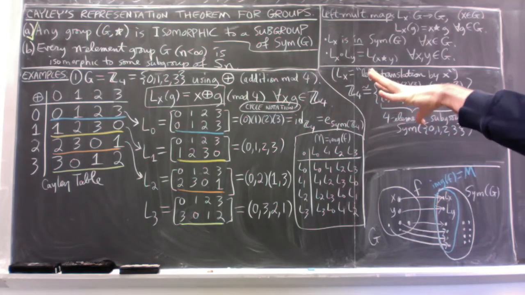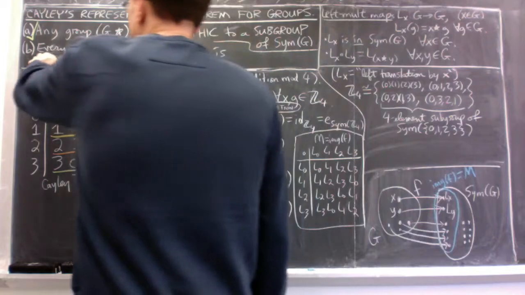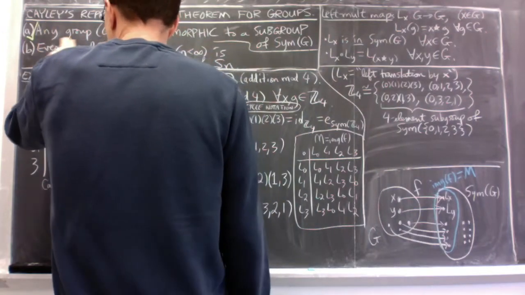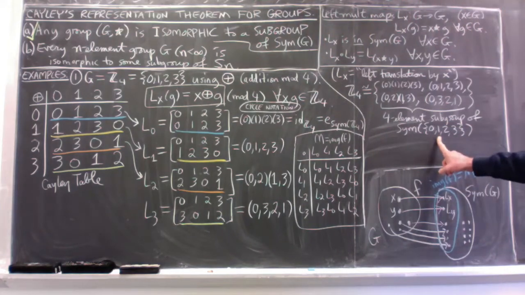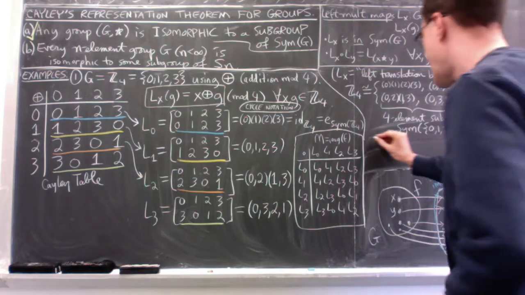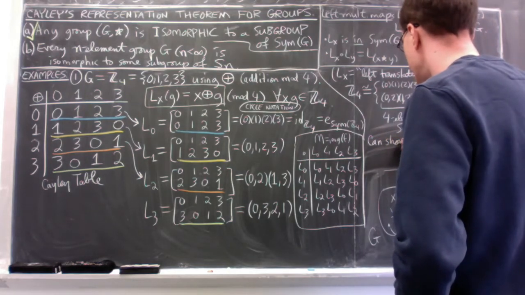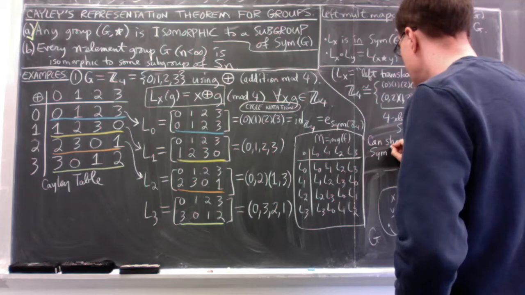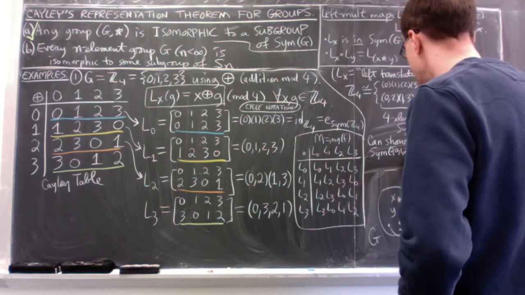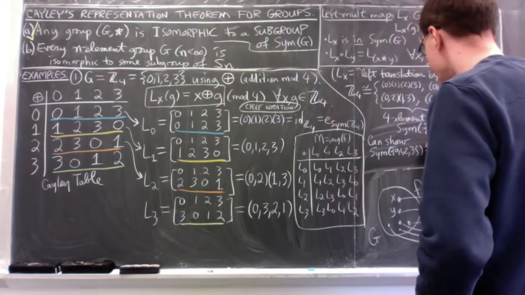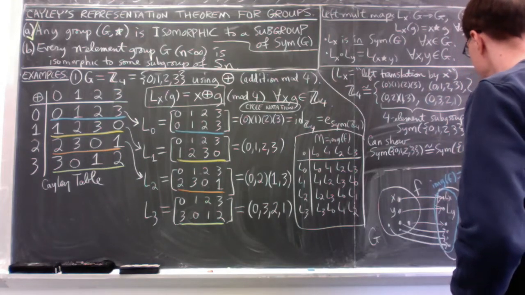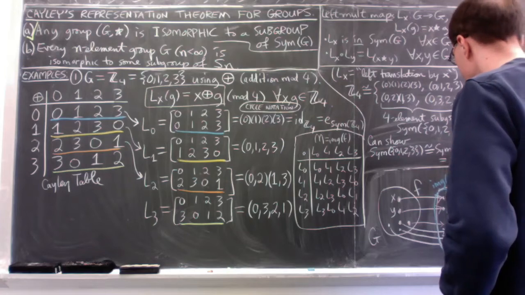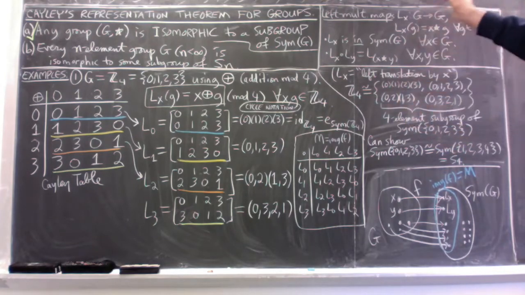Now I'm going to just say one little thing about part B, which I didn't prove yet, that says that every 4-element group in particular is isomorphic to a subgroup of S4. This is not S4, because the symbols being permuted are 0, 1, 2, 3. But in fact, and hopefully this is highly believable with this example in front of us, Sym of 0, 1, 2, 3 ends up being isomorphic to Sym of 1, 2, 3, 4, which is S4, because you could basically just add 1 to everything.